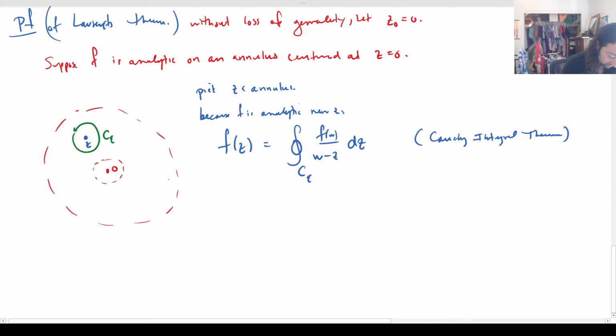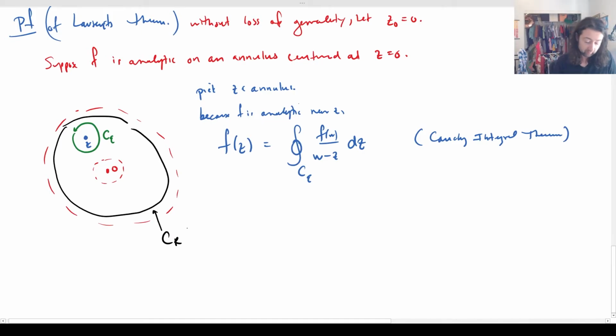Notice this circle is inside the annulus, so f is analytic on this set. I'm going to call this contour C capital R for big radius. And then we're going to cut in, go around a small circle, still inside the annulus, that's inside this circle around z. Note that the circle around z is completely contained inside this region.